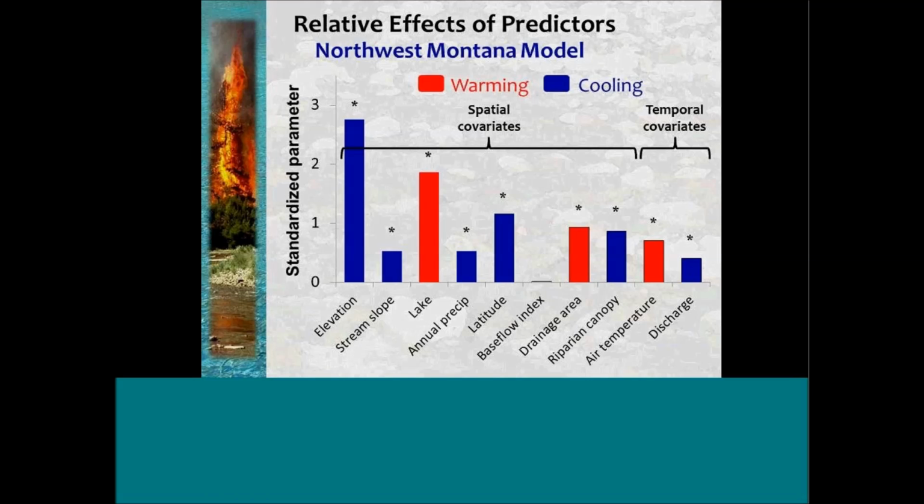And yet, those things allow us to account for the vast majority of spatial and temporal variability in these temperature data sets. So when we start thinking about management effects being layered on top of that geomorphic template, that variability and that effect that management has is real, but it's also relatively small.